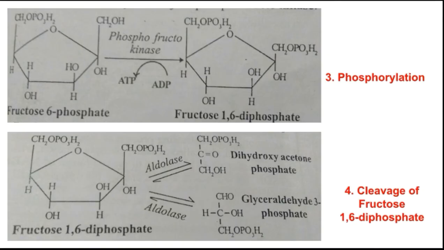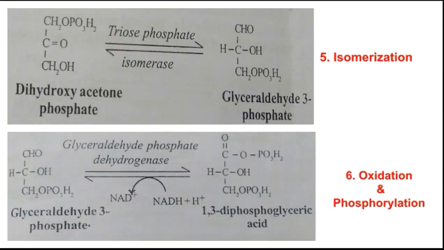Next is the isomerization process. The fifth step is the isomerization, the second isomerization we have seen here. Glyceraldehyde 3-phosphate is on the direct pathway of glycolysis, but dihydroxyacetone phosphate is not.